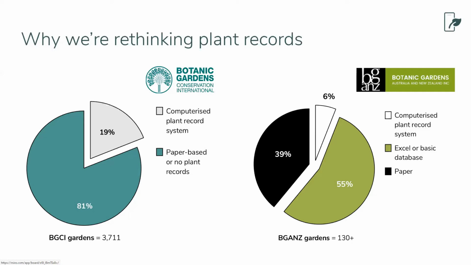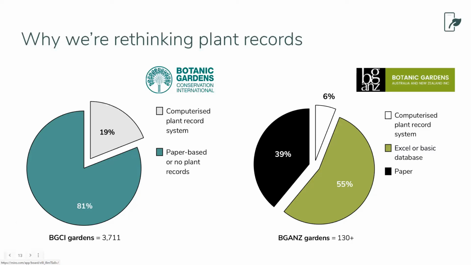And in the context of recent technological advancements and the opportunities they have given us, you'd think we ought to be in a better position with our plant records and the way we tackle our inventories. And actually, this story affects many gardens and their workflows.